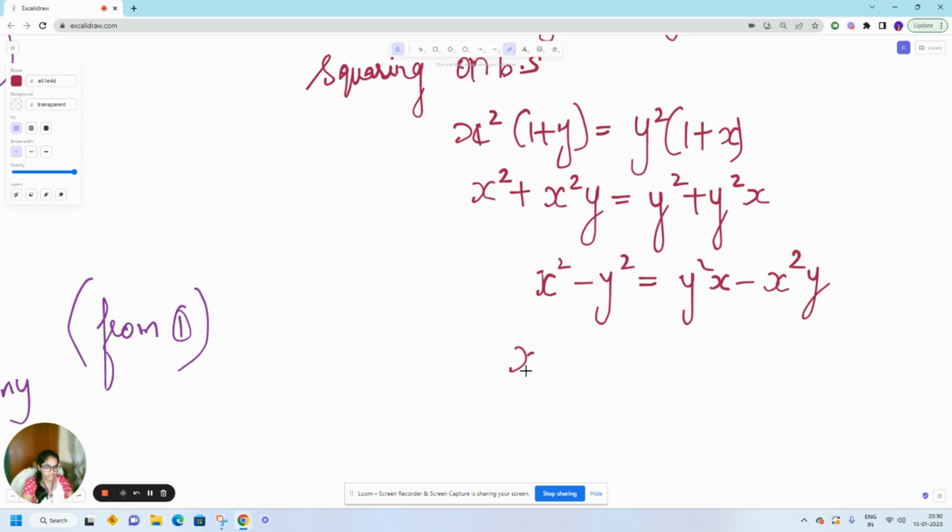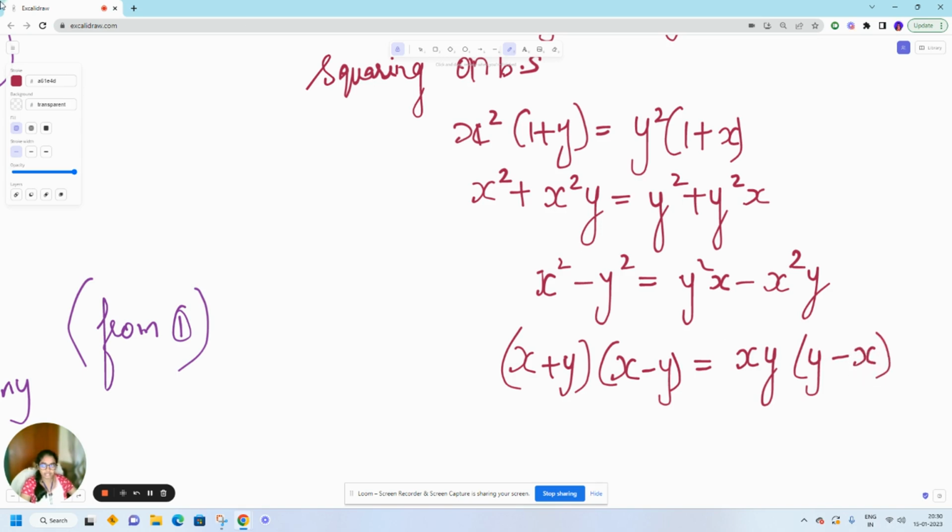Here I'll write x plus y into x minus y. How did I write this? On the RHS I can take xy common. I would get y minus x. Yes, clearly here we had a square minus b square formula. This is equal to a plus b into a minus b. That is what I wrote here.